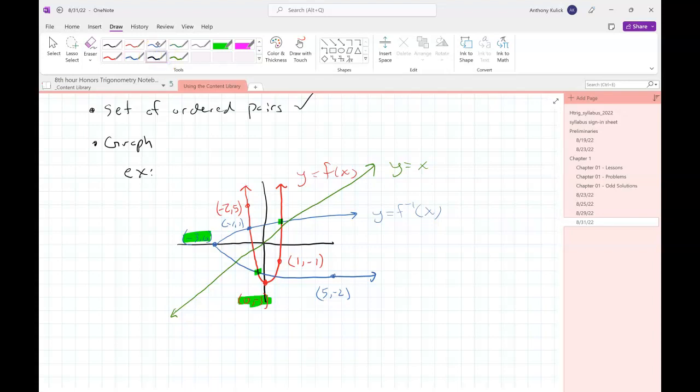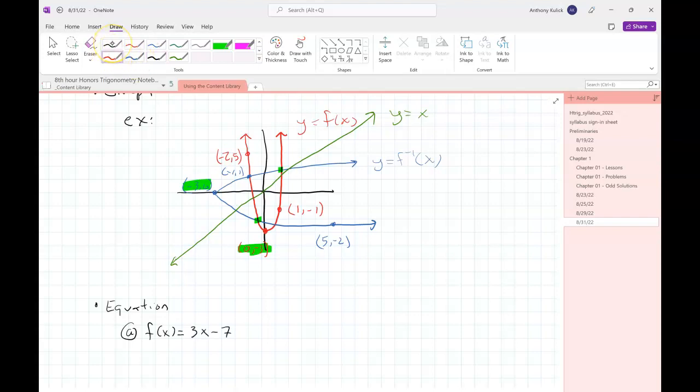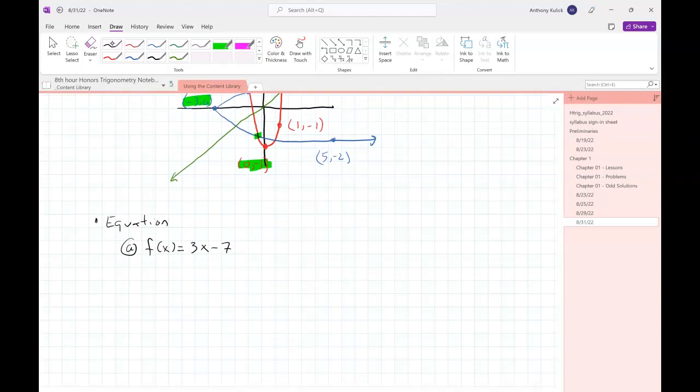Okay. Let's do some equation ones. We'll do a whole mess of these, because it's a great refresher on some algebra skills from last year. So first things first. What kind of function do I have here?